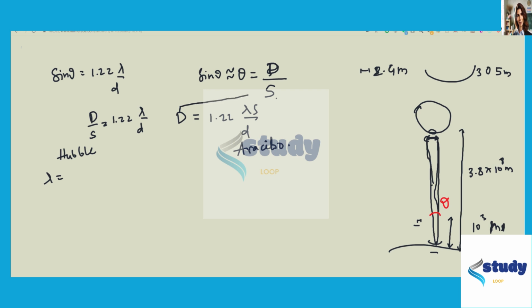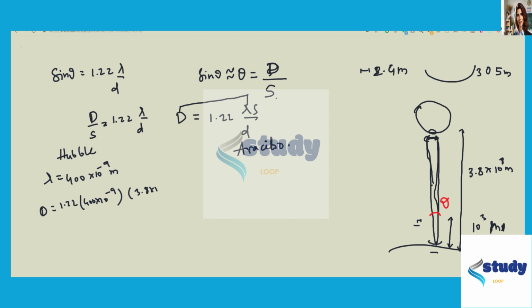And as you can see, the resolution is directly proportional to lambda. So we will choose the smallest lambda possible. In the visible spectrum, that corresponds to blue light, which is 400 nanometers, which is 400 times 10 power minus 9 meters.